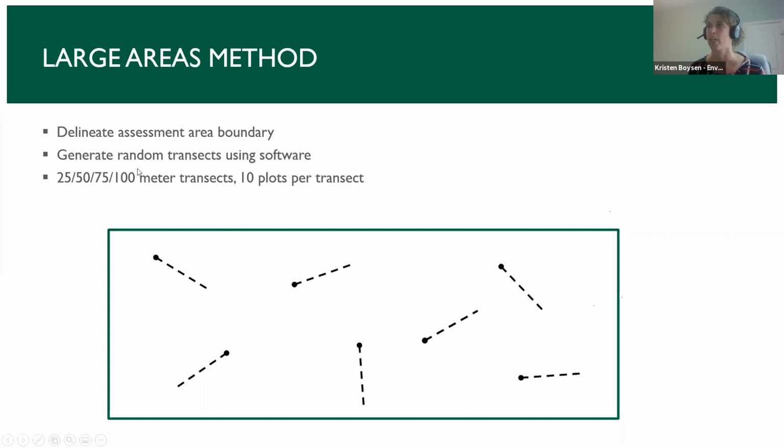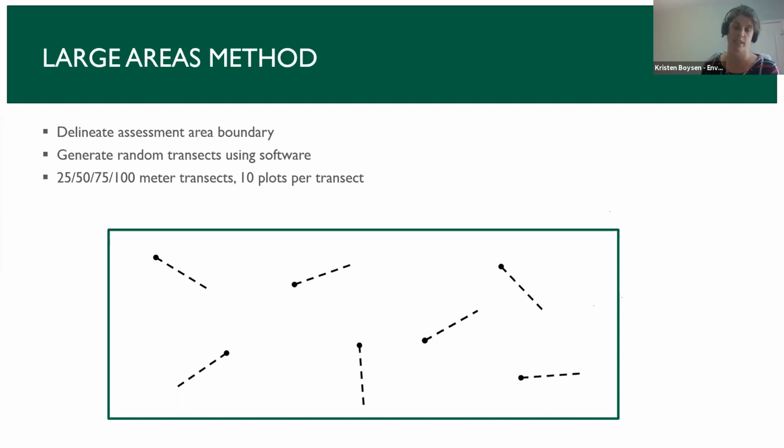So say you're doing 10 100-meter transects, just like we do for the small area plot, 10 plots per transect. But instead of having them uniformly across the whole site, you have these randomized start points. So this is to randomize our survey and make sure you capture across the whole assessment area, because especially big ones can really vary from side to side, edge to edge.